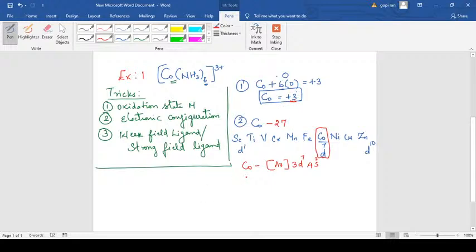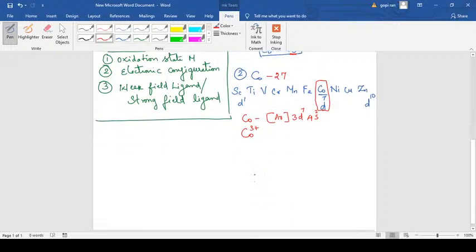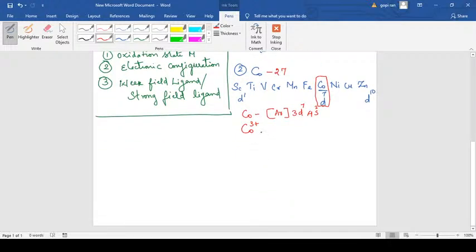So if 3 electrons are removed, 2 from here and 1 from here, then 3d6. This is the electronic configuration of the cobalt 3 plus complex.